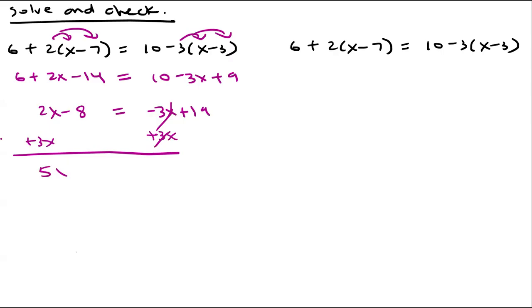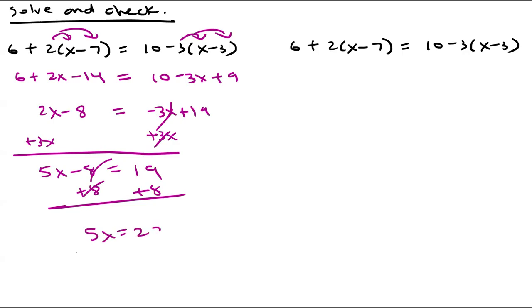And now I have 5x on the left side, and I don't have to worry about the negatives anymore. Okay. And then we add 8 to both sides. All right, so that gives us 27, and then divide both sides by 5. So x is 27 over 5.